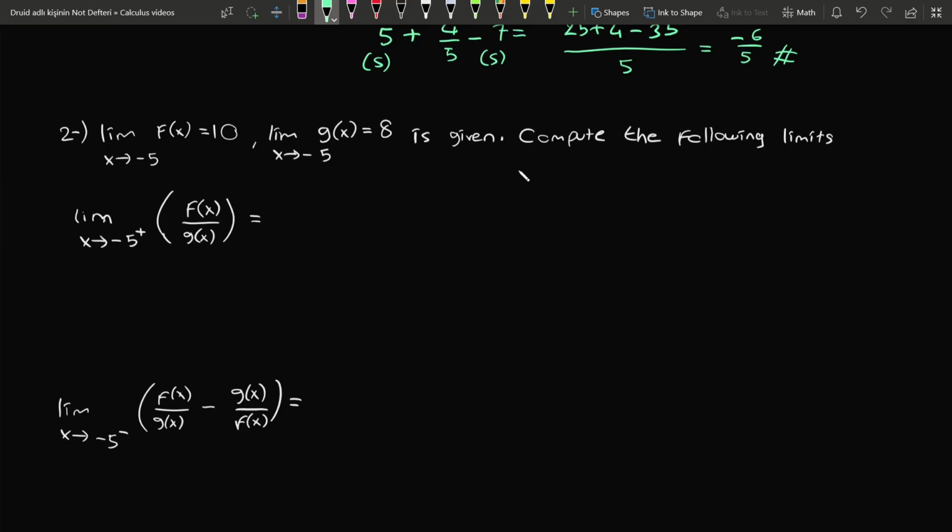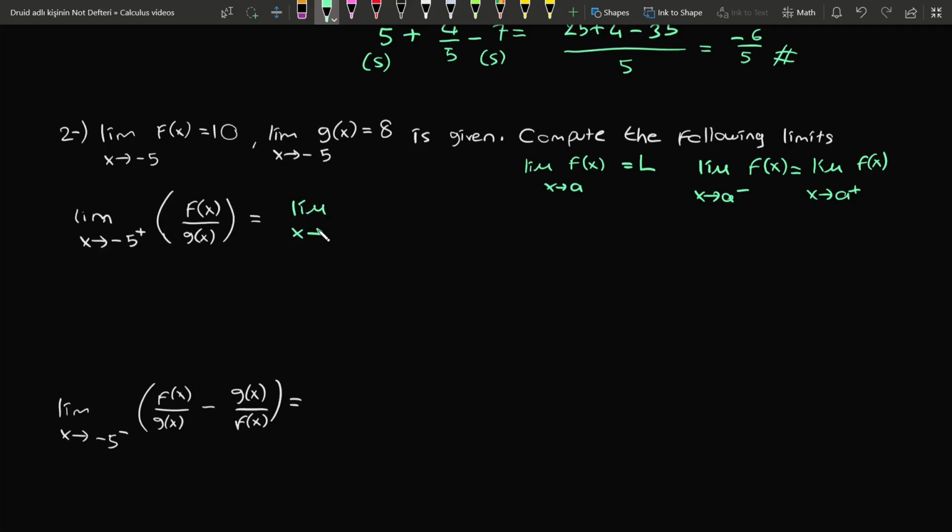But what I know is, if my limit of f(x) as x approaches a is equal to L, I need to say these are equal to each other. Therefore, if we have a limit like this, from the right and left it's also equal to this. So when I approach from the left or right, it's also going to be equal to 10.